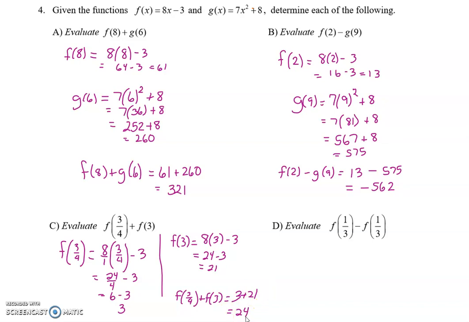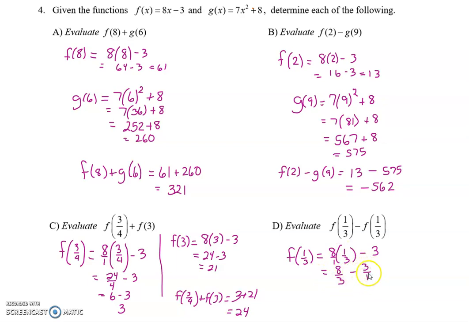Okay. And now we're going to look at part D, and we have here f of 1/3 subtract f of 1/3. And so f of 1/3, as you know now, it will be 8 times 1/3 minus 3, right? And this is 8 over 1. And we have 8/3 minus 3 over 1.